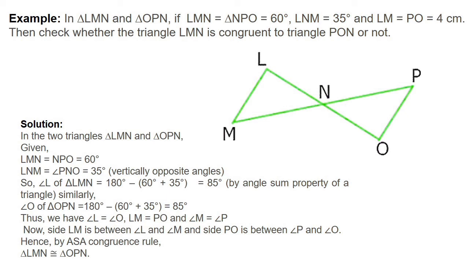Thus, we have angle L equal to angle O, LM equal to PO, and angle M equal to angle P. Now side LM is between angle L and angle M, and side PO is between angle P and angle O. Hence, by the ASA congruence rule, triangle LMN is congruent to triangle OPN.